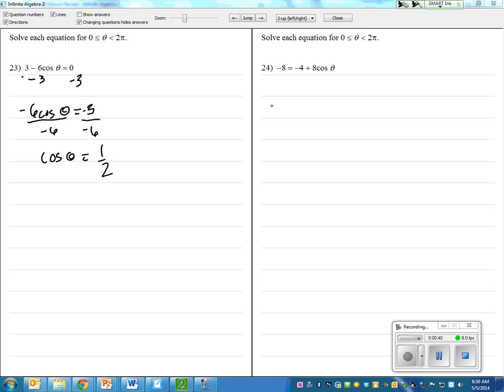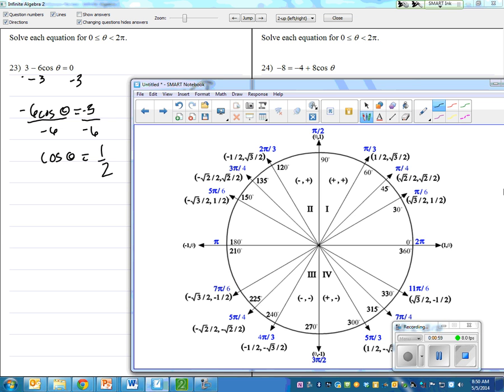So once again, we need to remember our unit circle. Since we have a 1/2, that tells me that we're looking in the first quadrant and the fourth quadrant. So if we look at our unit circle, we need to find the values of cosine when it is 1/2.